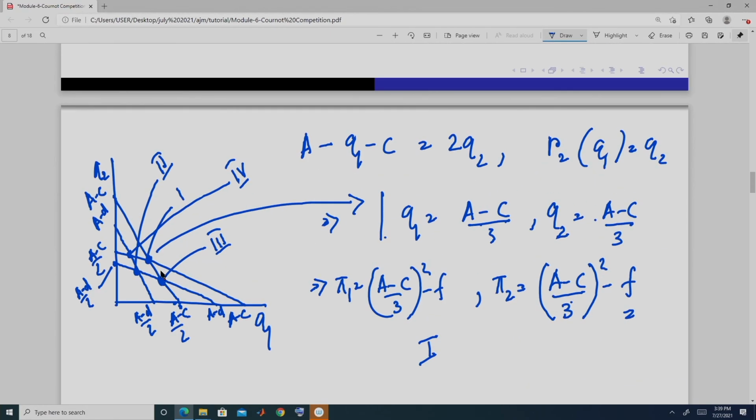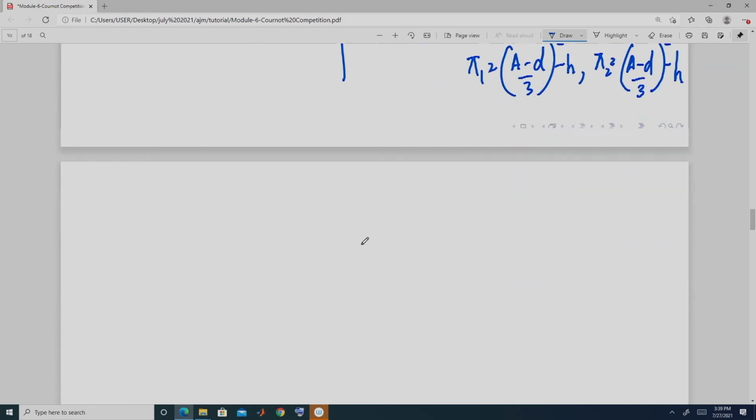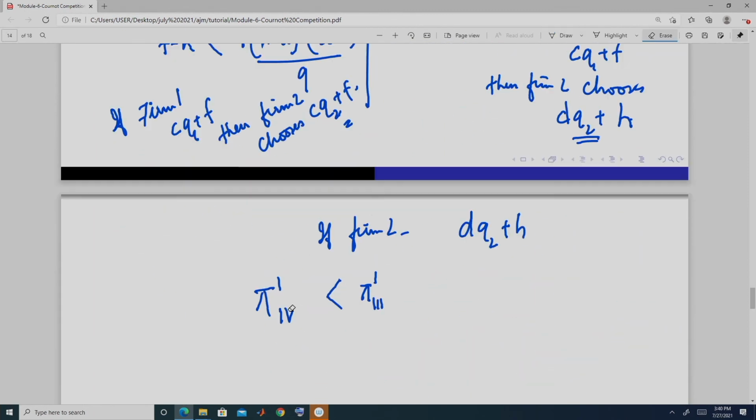So suppose firm 2 has chosen this, then we have to compare whether firm 1 will choose this point or this point. Oh, not 4, it has to be 2.